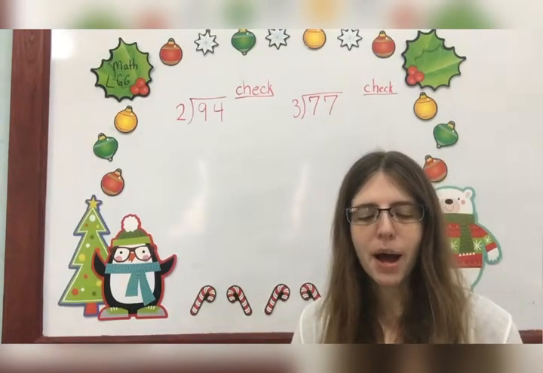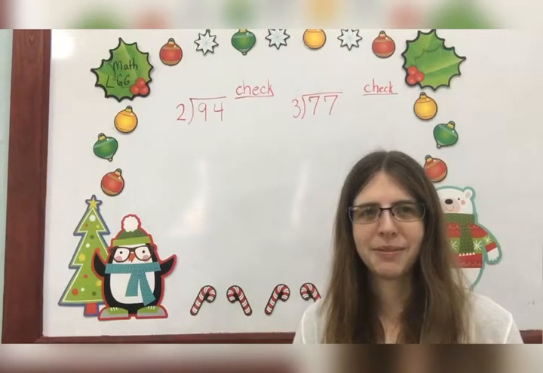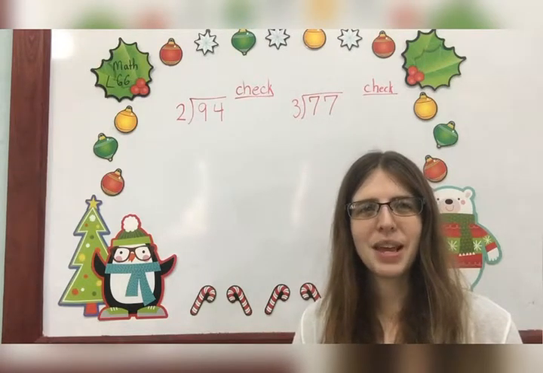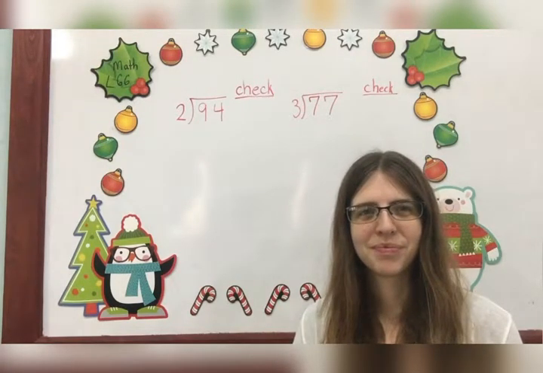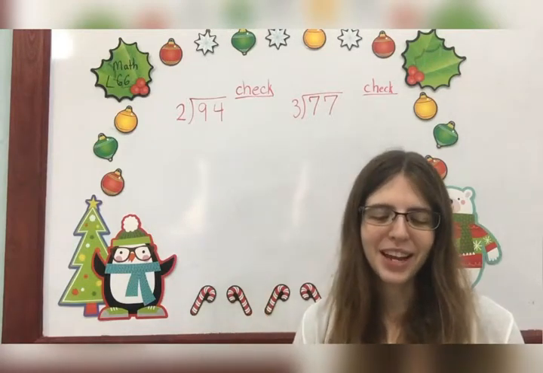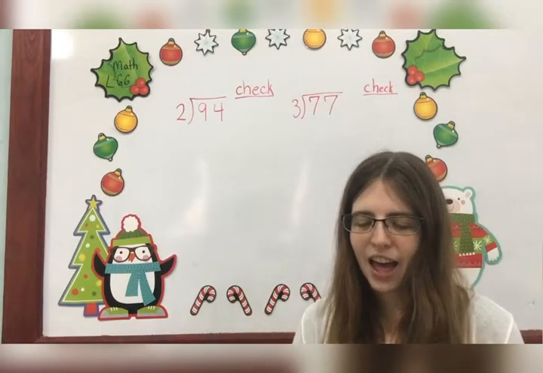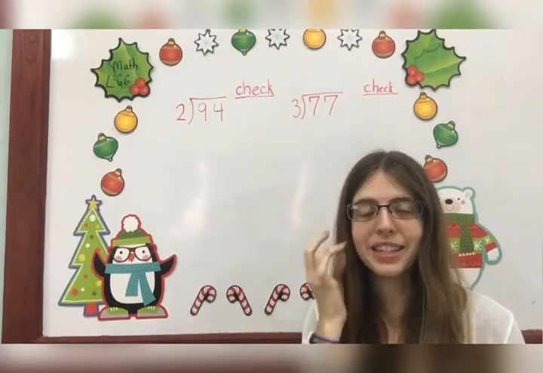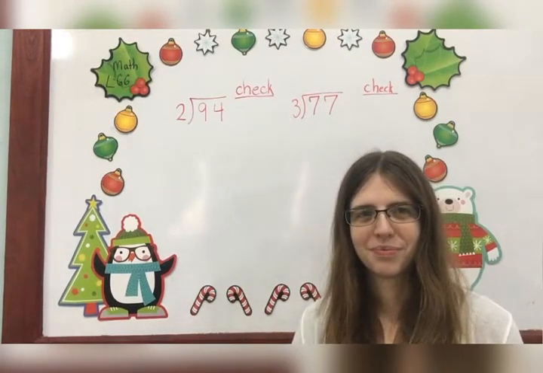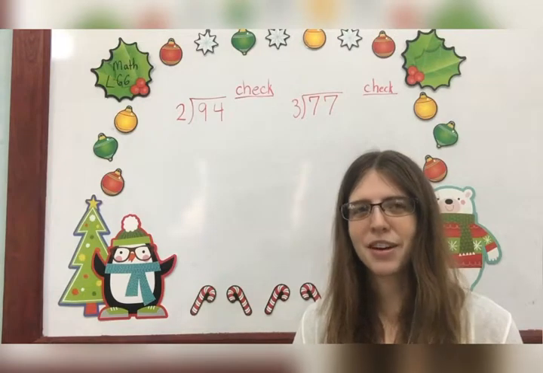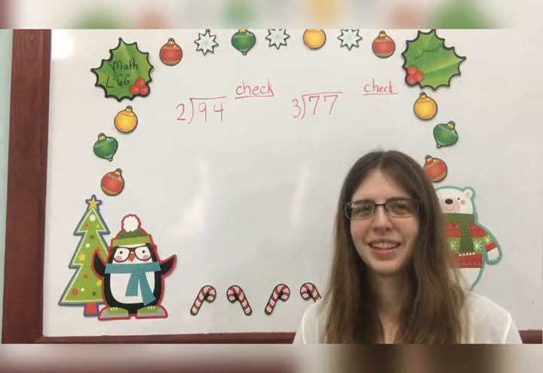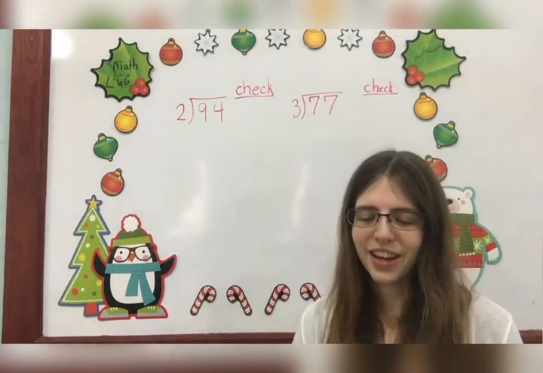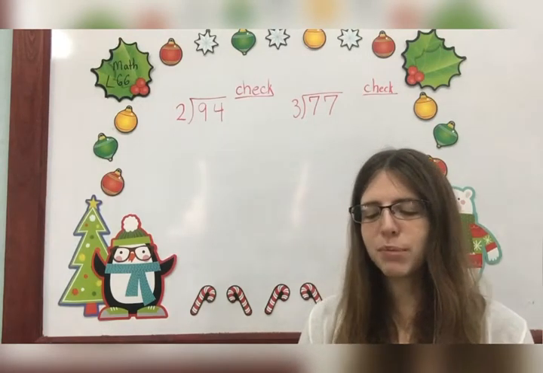How about 1 pint equals how many cups? What do you think, Samantha? 2, that's right. And then letter F, this is one that we just learned. 1 meter equals how many centimeters? How about it, Jordan? 100, very good.